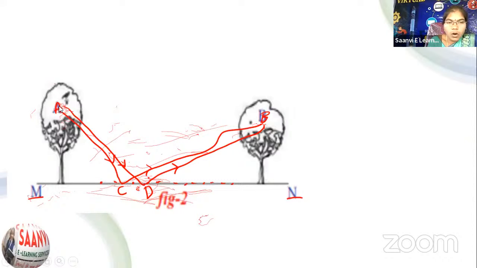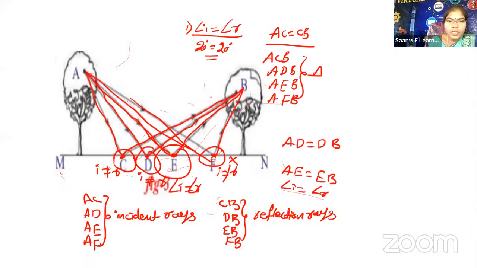When the crow picks these grains, we get, here near C, the crow came from A to C, picked the grain, and went to tree B. Again from A to D, and it should reach B. Again it takes the grain near E, and goes to B. Like this the crow picks grains at C, D, E and F. These are all incident rays from A on surface MN.